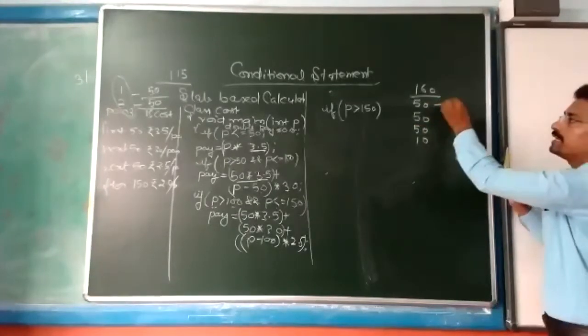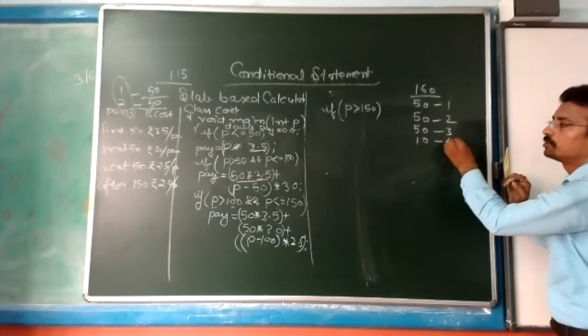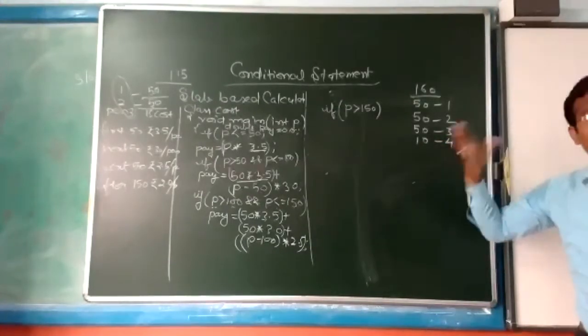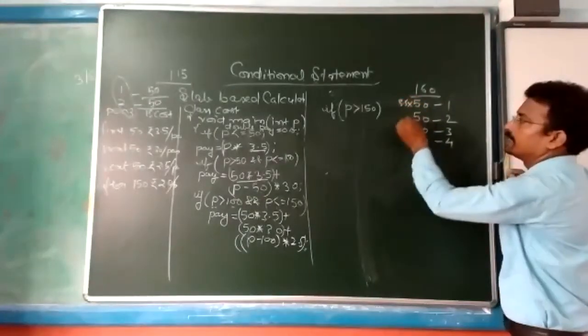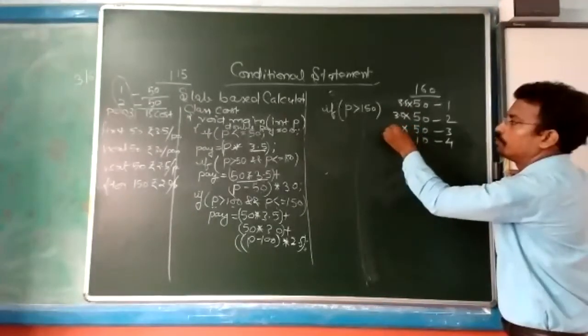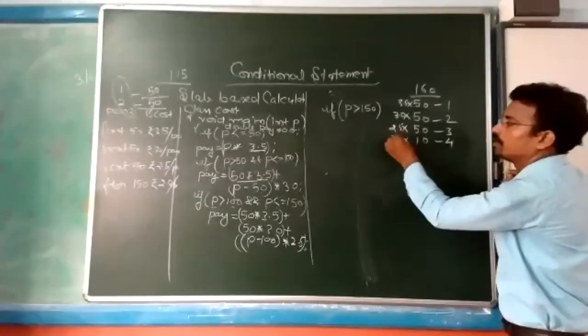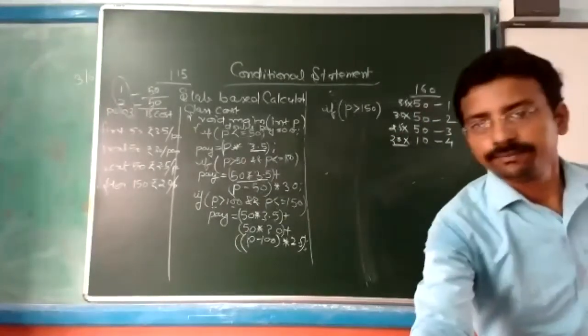This is the first criteria, this is the second one, this is the third one, and this is the fourth one. Now you have to multiply this with 3 rupees 50 paise, this with 3 rupees, this with 2.5, and this with 2. How will you include this in your program?